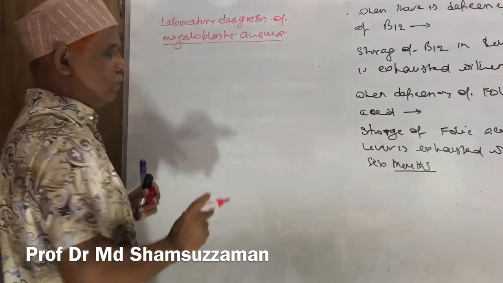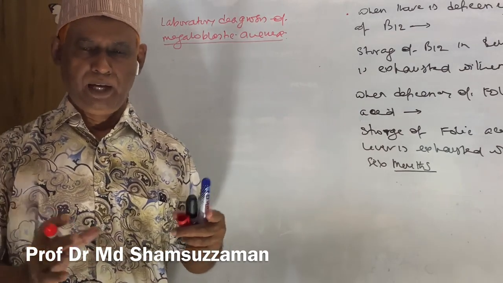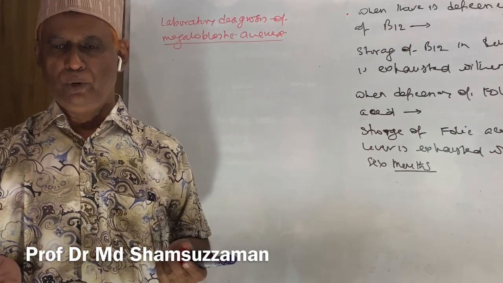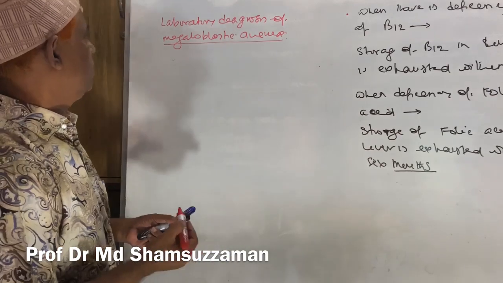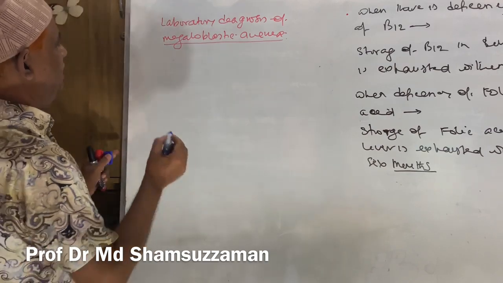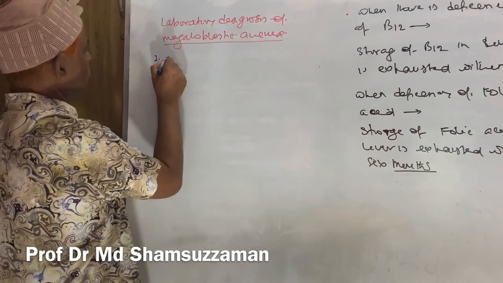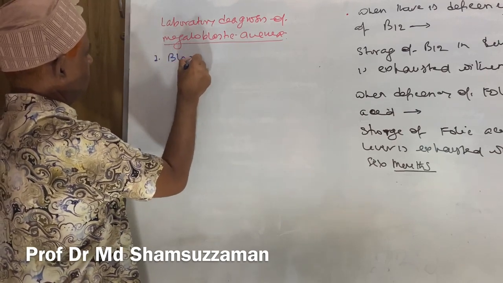Dear audience, I have told you in megaloblastic anemia, macrocyte is found in blood and megaloblast is found in bone marrow. So now come to laboratory diagnosis of megaloblastic anemia. Number 1, we have to do blood examination.